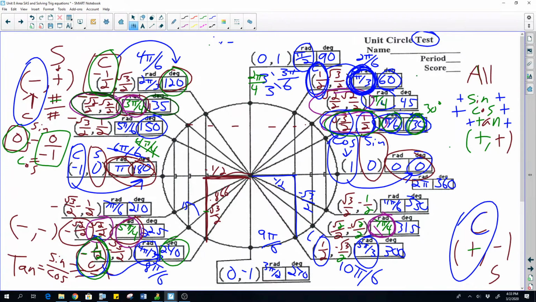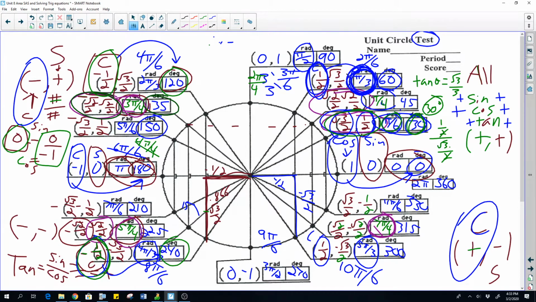Cool. So where does tangent of theta equal radical 3/3? According to our chart that we made and worked hard on, you have 1/2 all over radical 3/2. The 2's cancel. Have to rationalize the denominator: radical 3 over 3. So it's at 30 degrees.